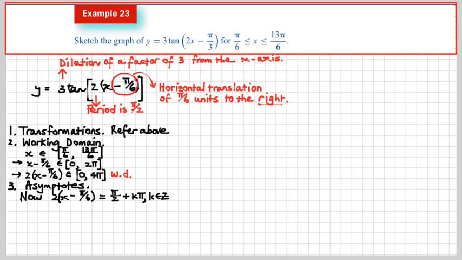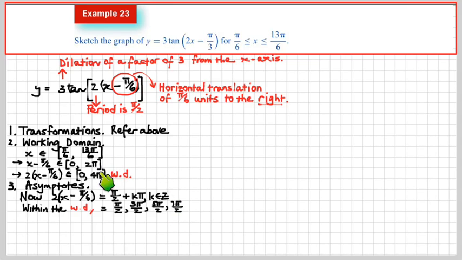Alright, asymptotes, here we go. Now, we've got the expression behind the tan sign. 2 open bracket x minus pi on 6 equals pi on 2 plus any number of repeats in the forward and backwards direction of pi. Now we're going to solve that within the working domain. How far do we have to go up to?